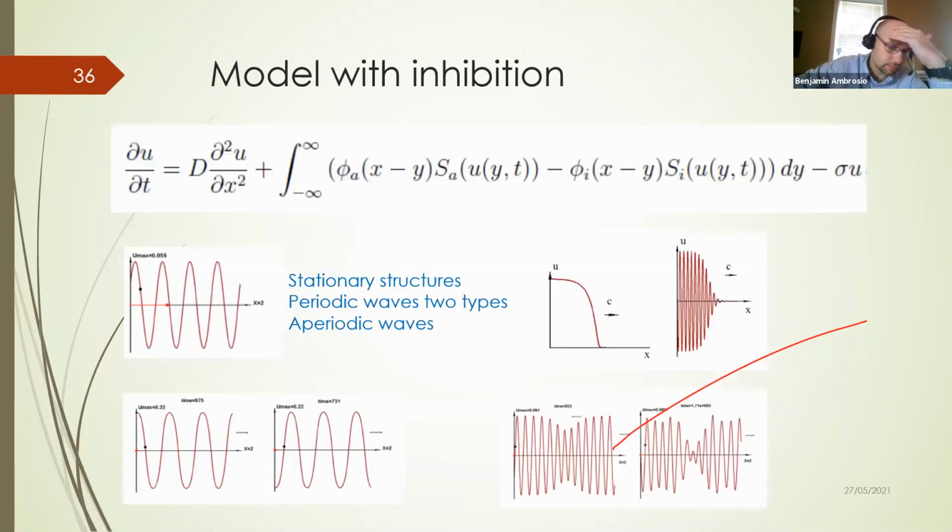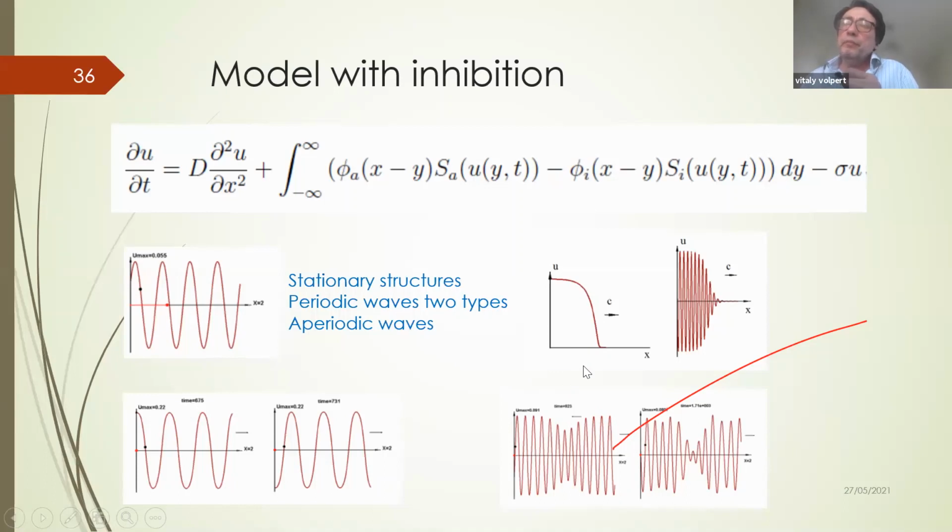Yes, but then just another equation, a little bit more complex, with two integral terms, one with sign plus, another with sign minus. Why is it interesting? Because there are different structures which can appear here, in particular what is called periodic waves shown here, and other different waves.